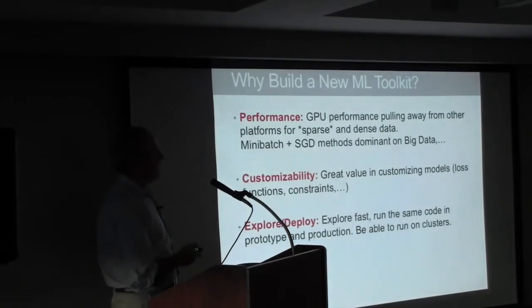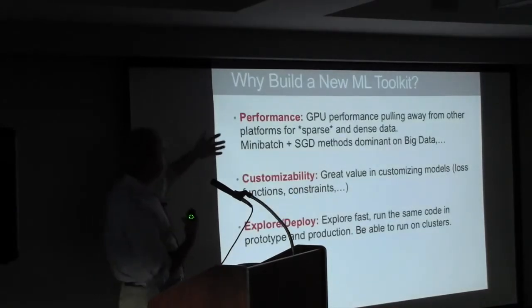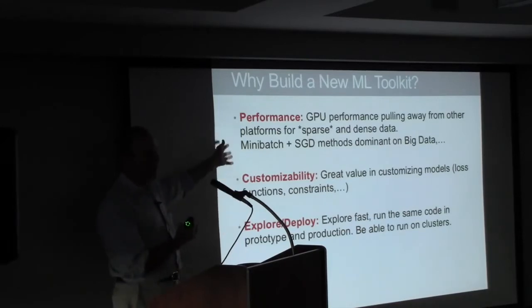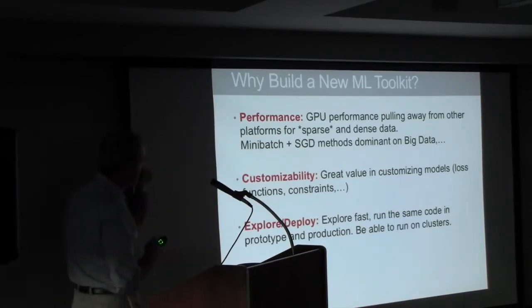So those are three goals in the work that we've been doing. And I feel that there's enough weaknesses in the other systems that I've used that it was worth going off and building a completely new toolkit to address these issues.